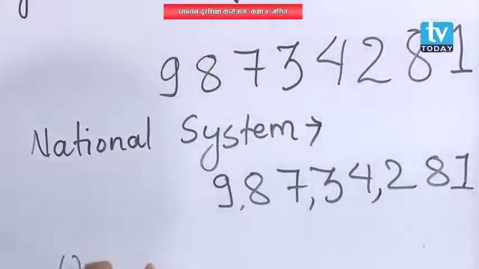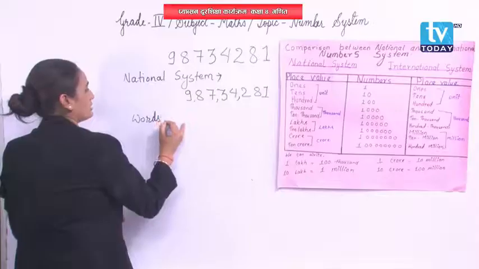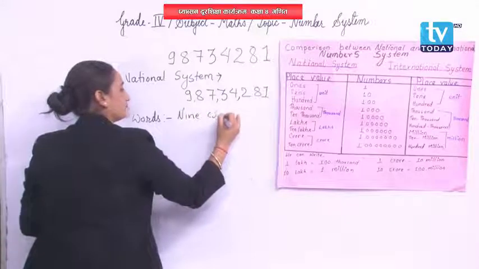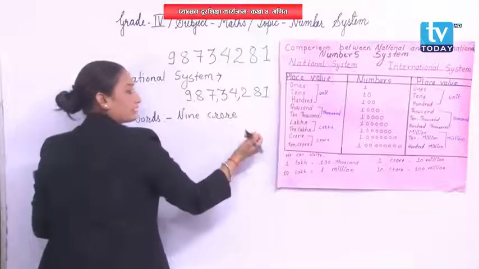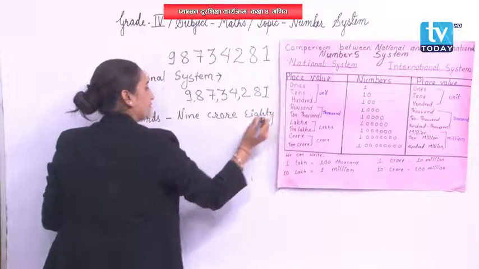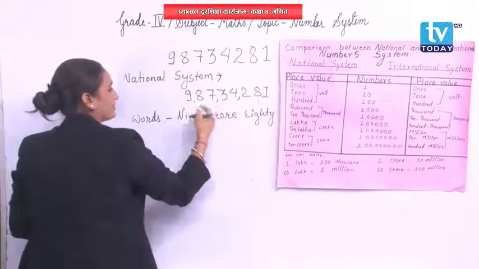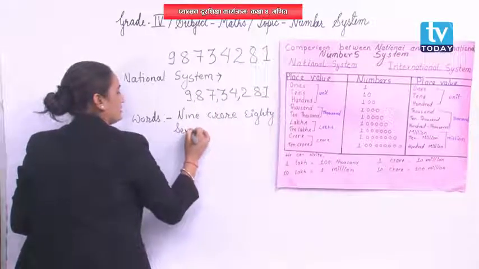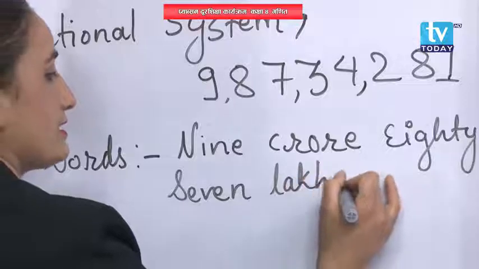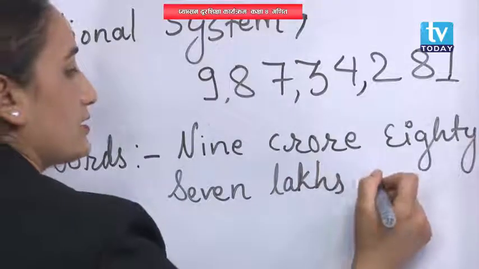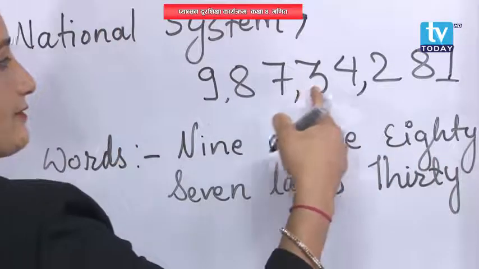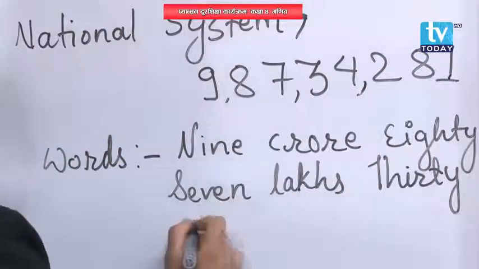Write in words. I am going to write in words. Please write it. 9 crore, 87 lakhs. Here is 87, right? So write it together, 87 lakhs. Then after 87 comes 34, so write it together, 34,000.